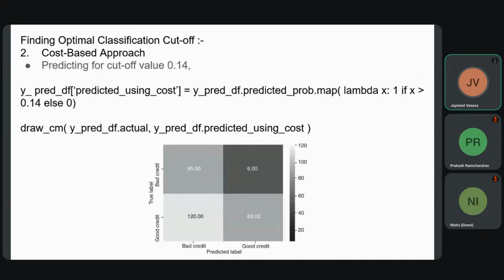For this probability, you can see the improvement in the model's performance for the prediction of the bad credit, which went to 85.